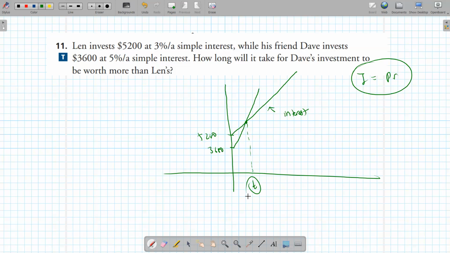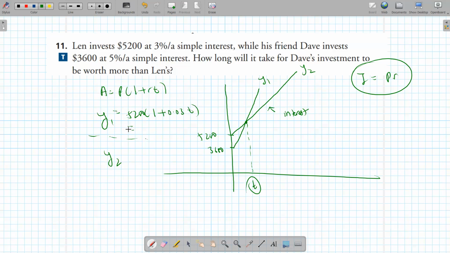How do we do this? What do you think? We'll just use a simple interest formula, right? So for Len, the amount is gonna be, again, this is the formula. We can call this Y1, and we can call this Y2, because we're gonna have two different Ys. So it's gonna be 5,200 times 1 plus 0.03t.